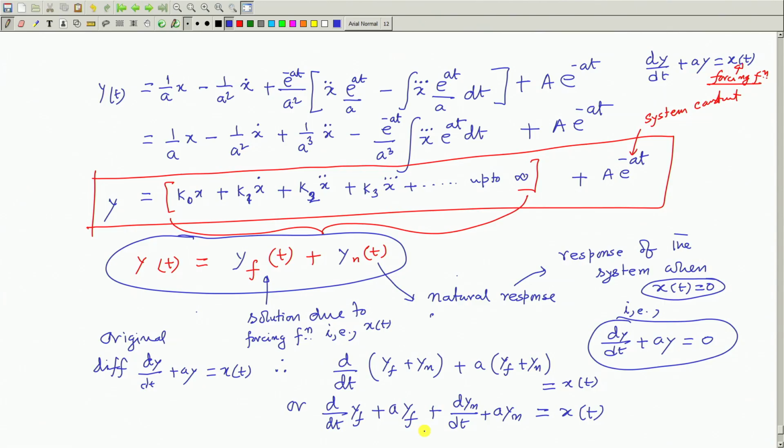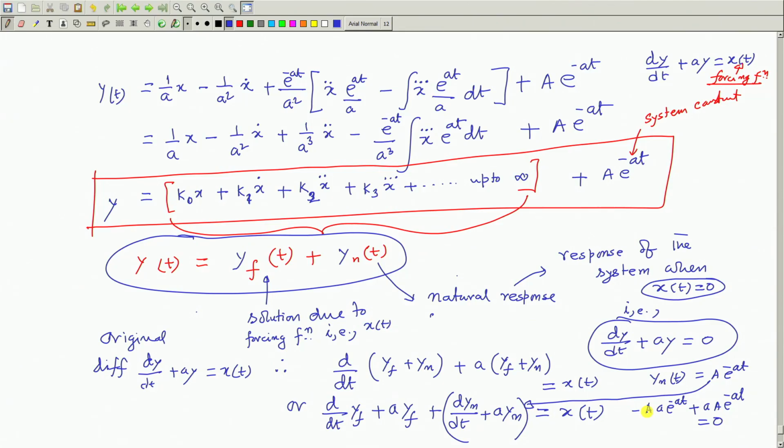But the solution due to natural response, we have found out earlier, this y n t is a into e to the power minus a t. So, if you substitute here, what is this addition? It will be equal to d y n dt, that is minus a into a e to the power minus a t, plus a into y n, a into e to the power minus a t, and it will give rise to 0.